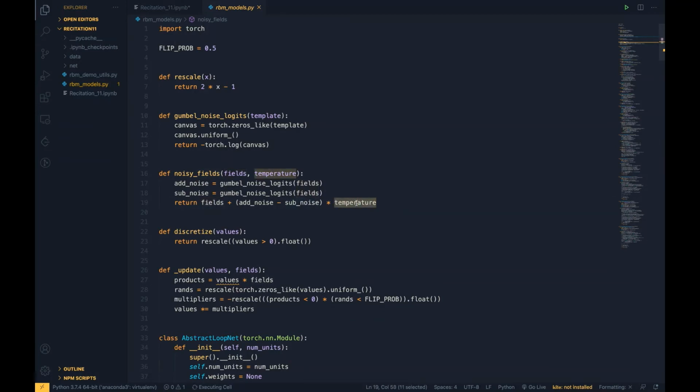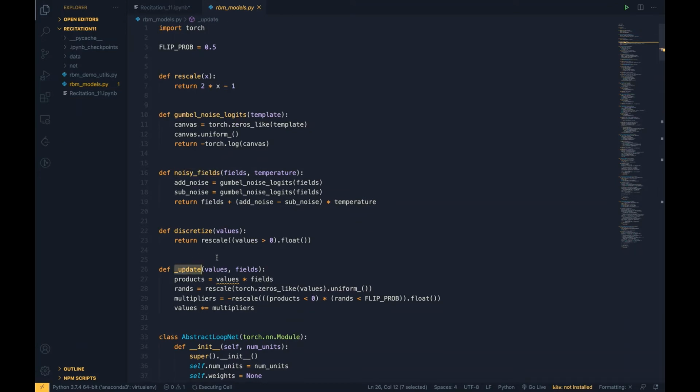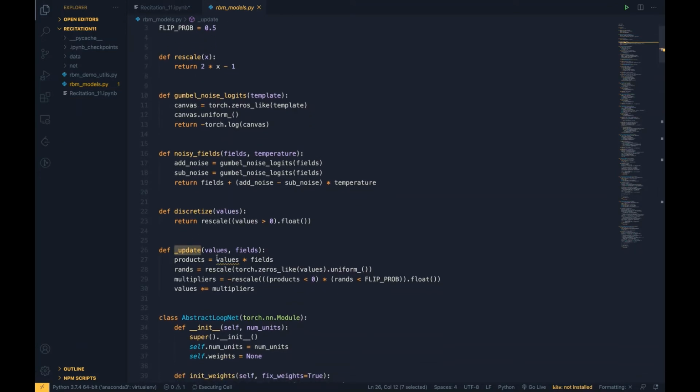Basically, the temperature controls how much the noise can affect the fields. If we have a higher temperature, then there is a greater chance that the fields will be affected. Okay, so that's noisy fields. And the update function is just an in-place function to align the sign of the values to their corresponding fields.